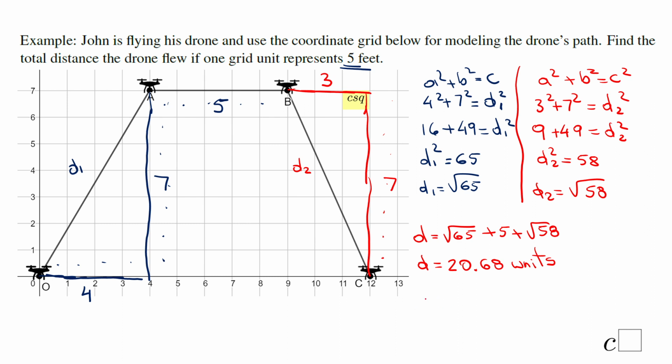And if you want the distance in feet, multiply this number by what? By 5. And I end up with 103.39, rounded to the nearest hundredth. And let me write the units here to be sure.